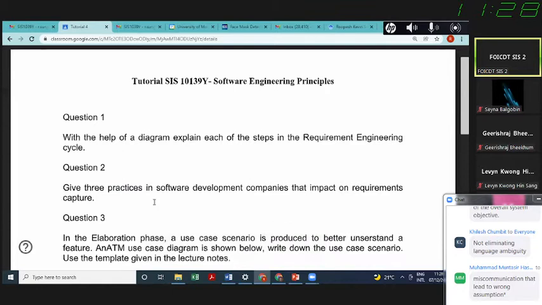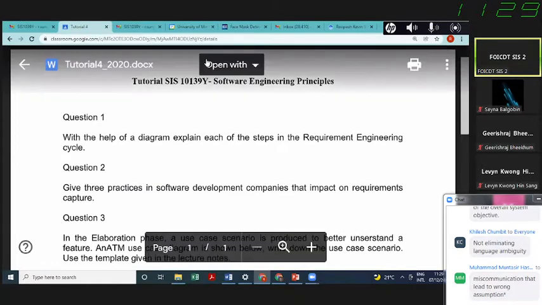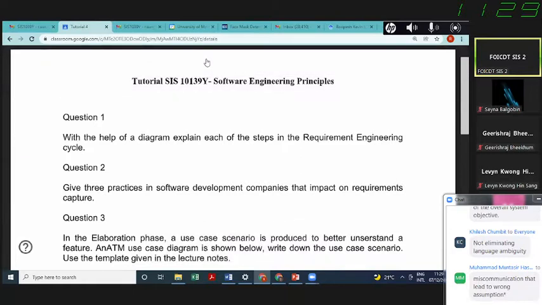It's a practice that happens, but what is the impact? The impact might be that requirements are not captured properly. The impact can be that perhaps you're not documenting things properly. Miscommunication, it can be.